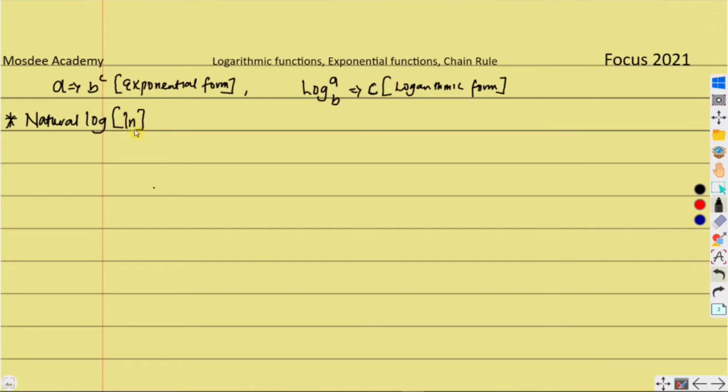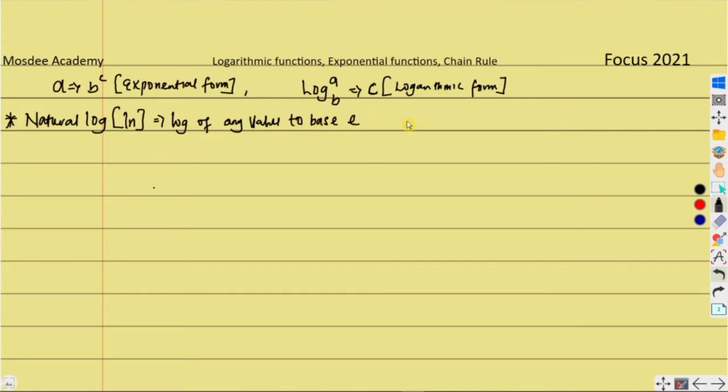So when you say ln of any function, it is called natural log, and it simply means the log of a number, or log of any value, to base e. So that is what we call natural log.